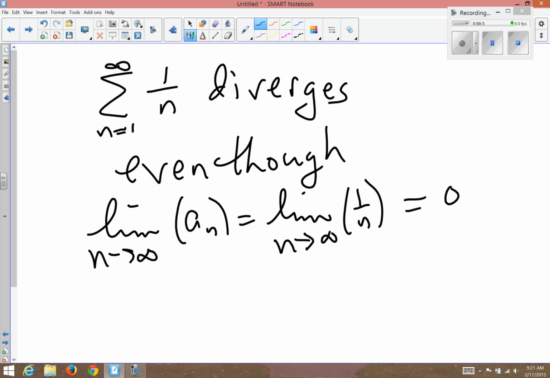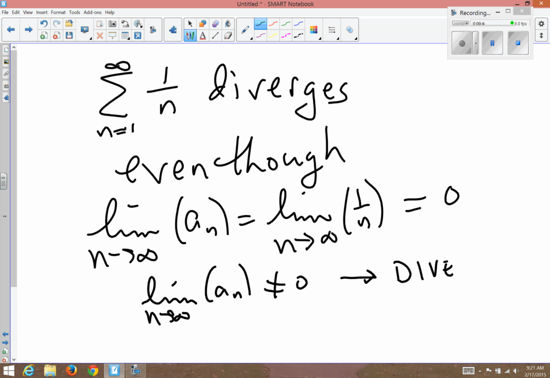So the moral of the story is, when the limit of the nth term as n approaches infinity is not 0, conclusion, the series diverges.